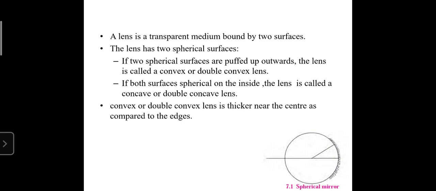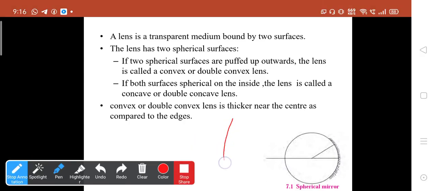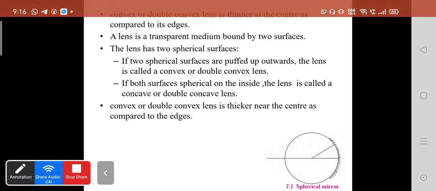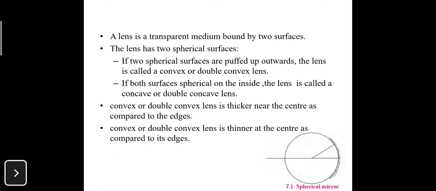The convex or double convex lens is thicker near the center. Near the center वो thick होगा, सेंटर की तरफ थिक होगा, और ये एजेस पे वो थिन होगा. Now, a concave lens is thinner at the center as compared to the edges.